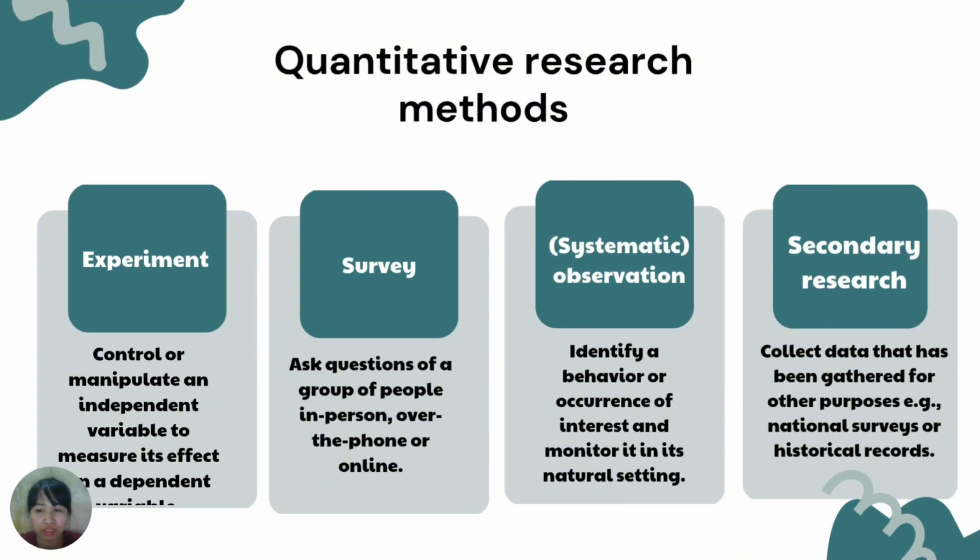This involves identifying and recording behavior or events in a natural setting. Finally, secondary research. Researchers use existing data, such as previous surveys or historical records, to analyze patterns and trends. In short, these methods help gather measurable data to test hypotheses and find objective results.